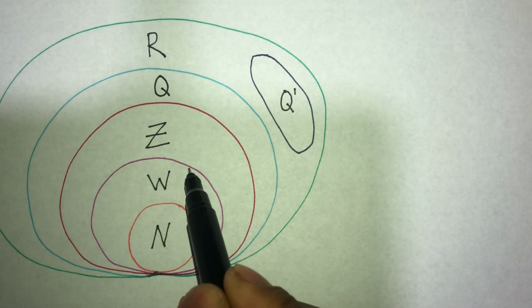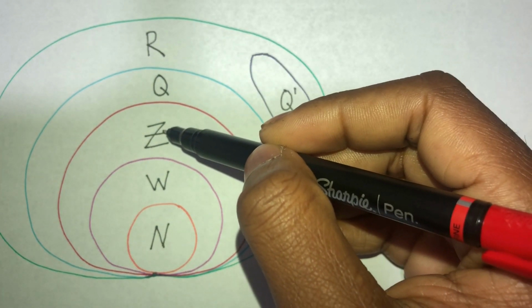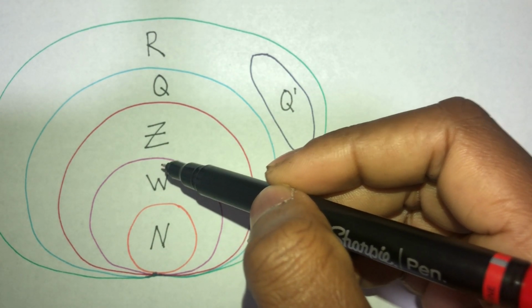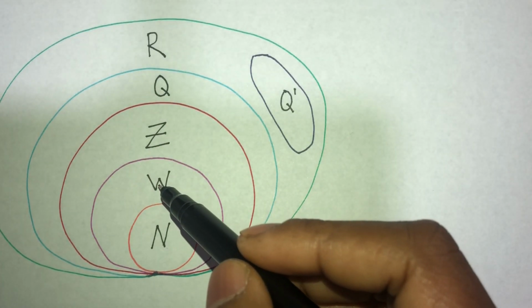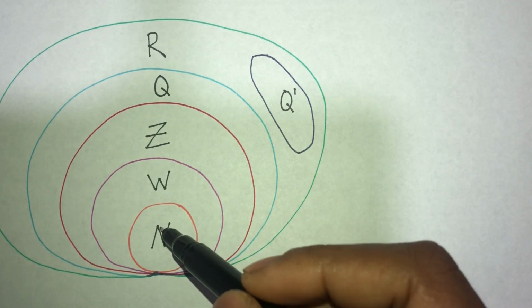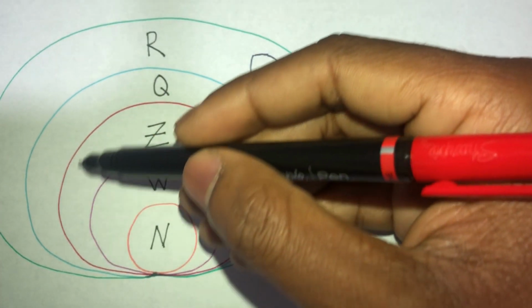So hence the boundaries here. Some of the numbers within the set of integers are not whole numbers. One of the numbers within the set of whole numbers is not a natural number. So hence the boundaries here.